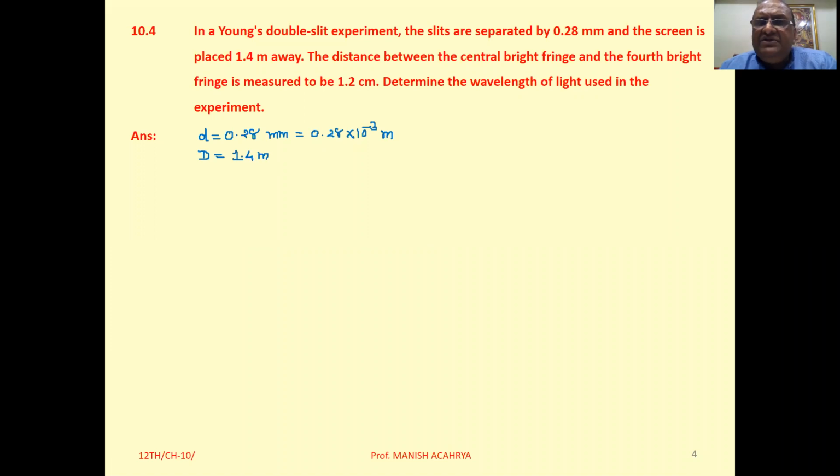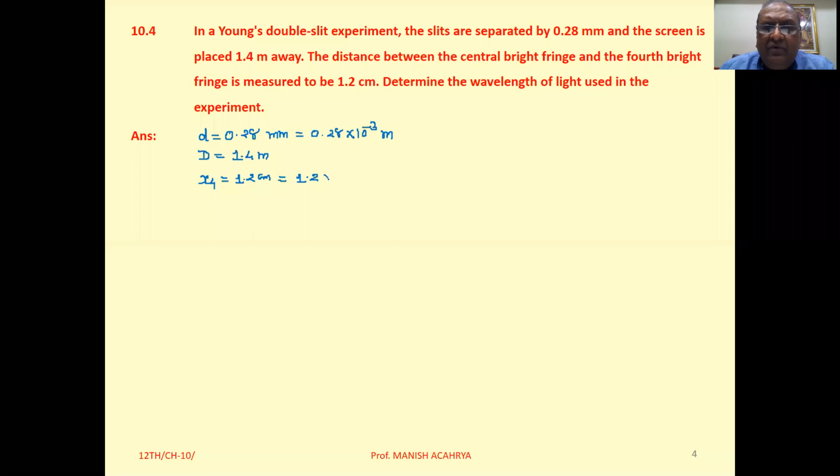Okay. Now the distance between the central bright fringe and the fourth bright fringe. So the distance of the fourth bright fringe is given to you, 1.2 centimeter, that is 1.2 into 10 raised to minus 2 meter.